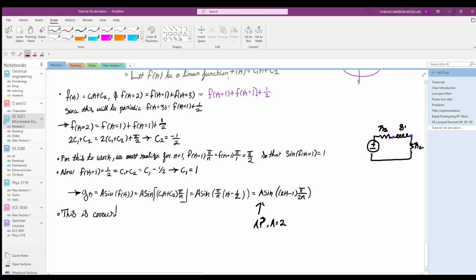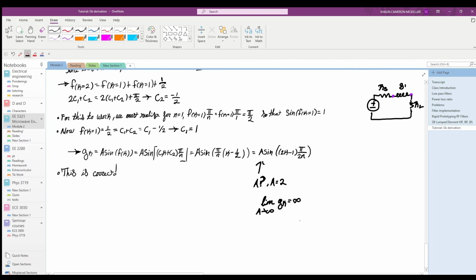Now you'll notice we could conceivably select any value for A, and for larger values of A, so the limit as A goes to infinity, we'll see that our G sub k elements will also go to infinity. Now what this is going to do is it's going to just increase the impedance of all the various elements in our filter or our transmission line, however you look at it.